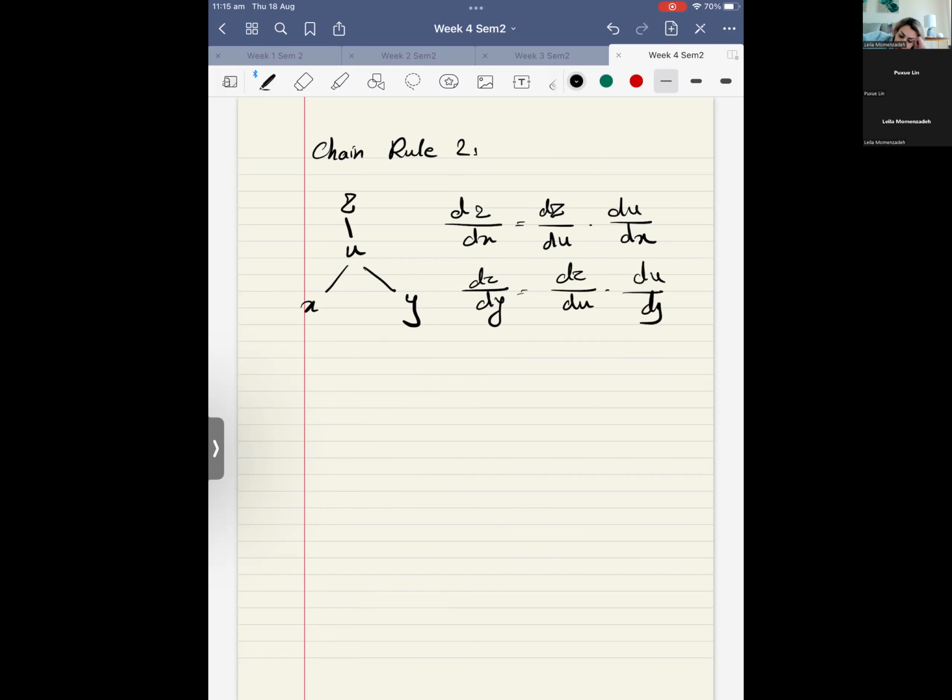It means that here ∂z/∂u, and here is ∂u/∂x and here is ∂u/∂y.